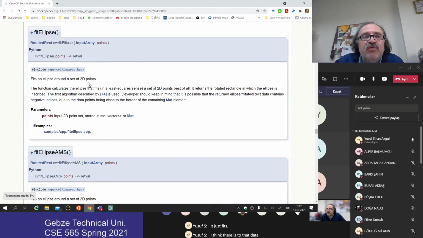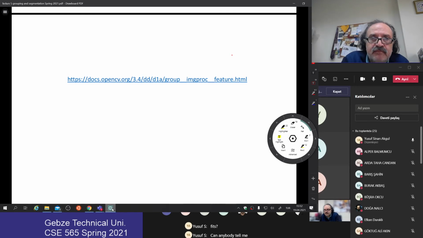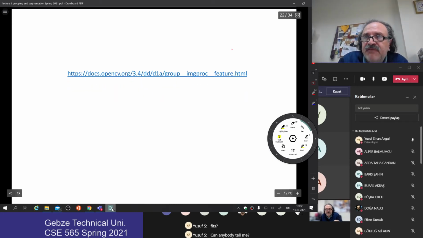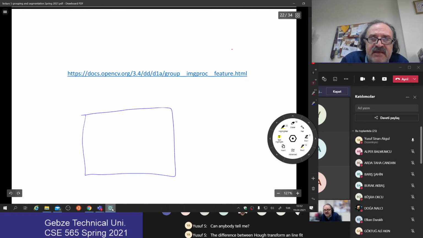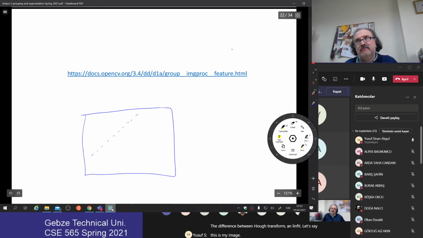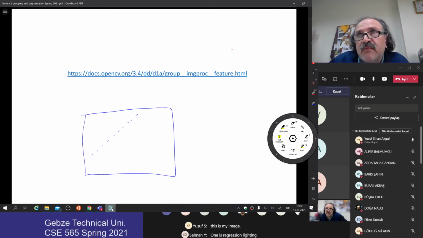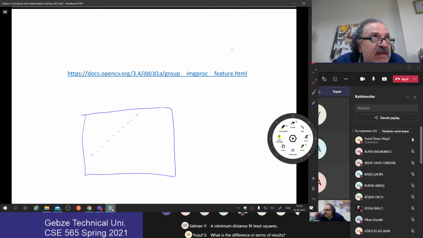So what is the difference between Hough transform and line fit? Can anybody tell me? Let's say this is my image. One is regression, I think. So what does that mean? Minimum distance fit, like least squares. What is the difference in terms of results, line fit and Hough transform?